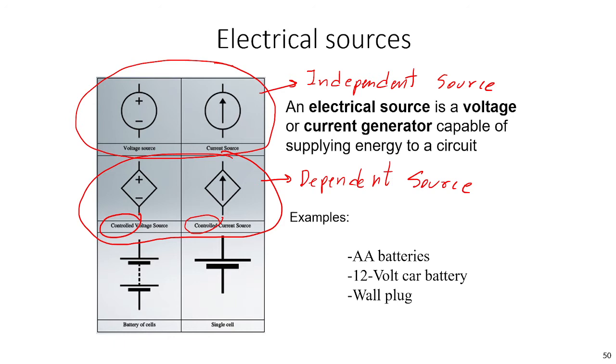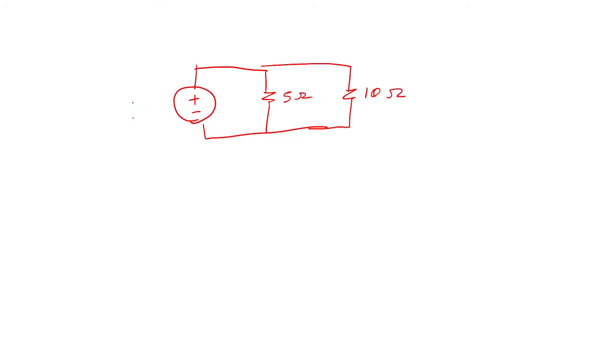For example, this is 12 volt. This is an independent source. It's always 12 volt. During our computation, it's ideally 12 volt and never changes. And we also have the dependent source.